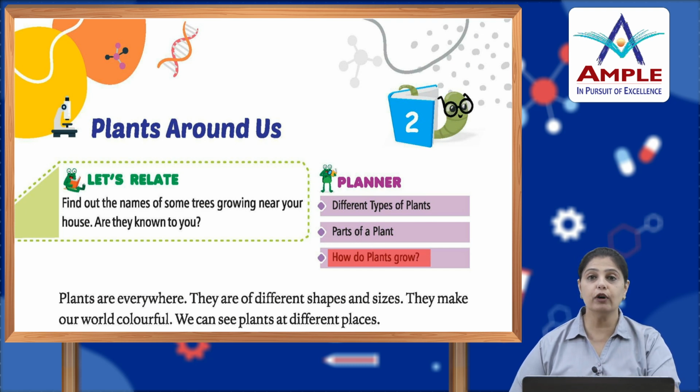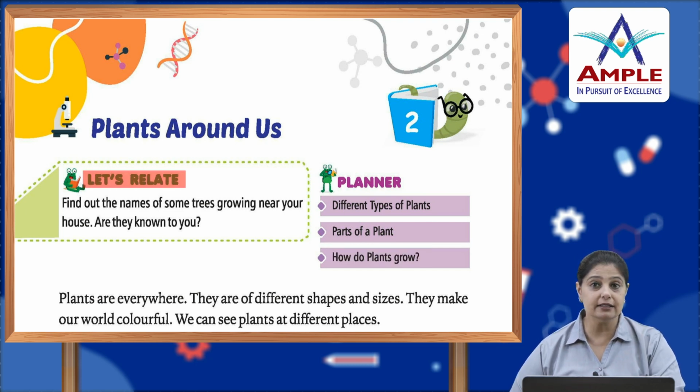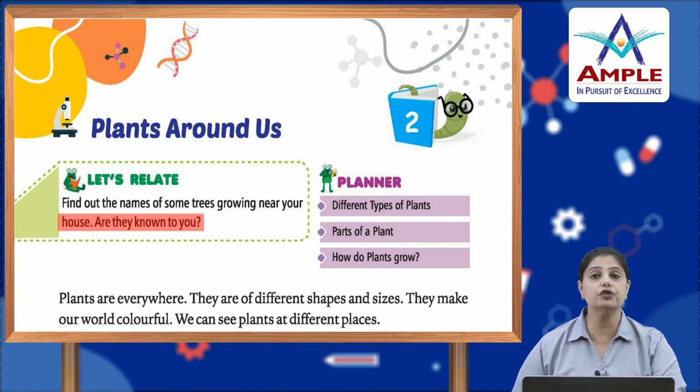Okay, now before that, let's relate and answer this question. Find out the names of some trees growing near your house. Are they known to you? You must have seen them in your society, or maybe your mother must have planted some trees at home. Do you know their names?